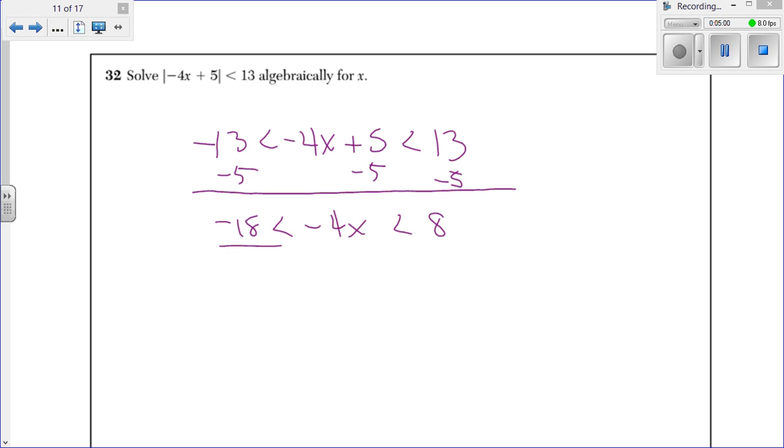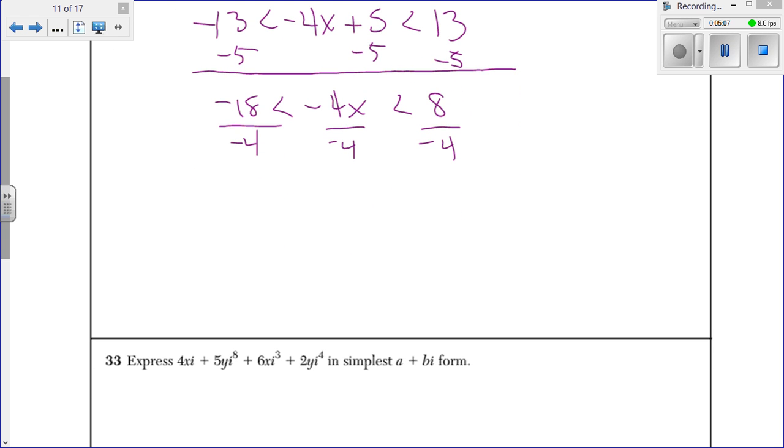Divide everything by negative 4. Since I'm dividing by a negative, I'm actually going to have to flip my signs. This is negative 4.5 is greater than x greater than negative 2. Sorry, this would be positive 4.5. And you know we're not allowed to leave things with the inequalities facing that way. So it's negative 2 less than x less than 4.5, just to change the order.